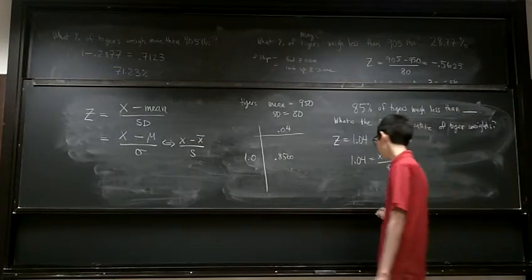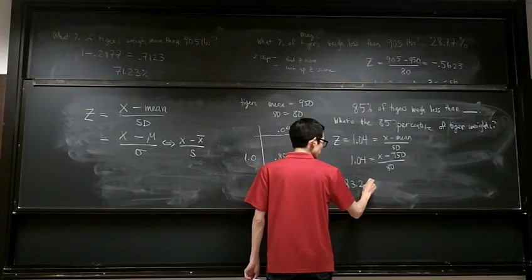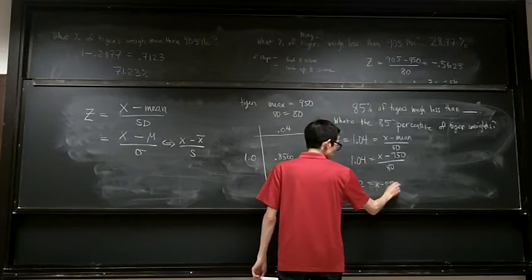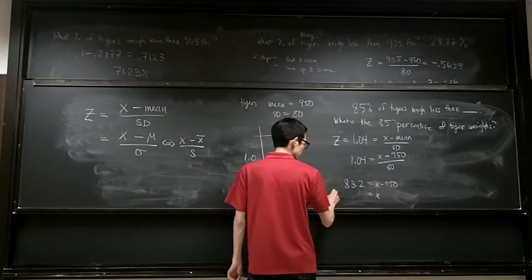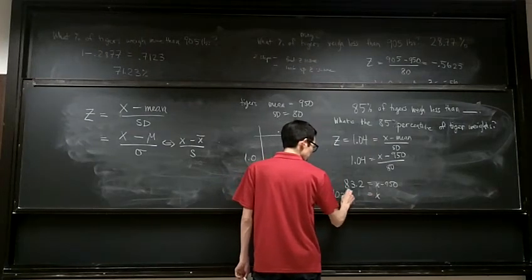Solving, I get 83.2 is equal to x minus 950, and x is equal to 1,033.2.